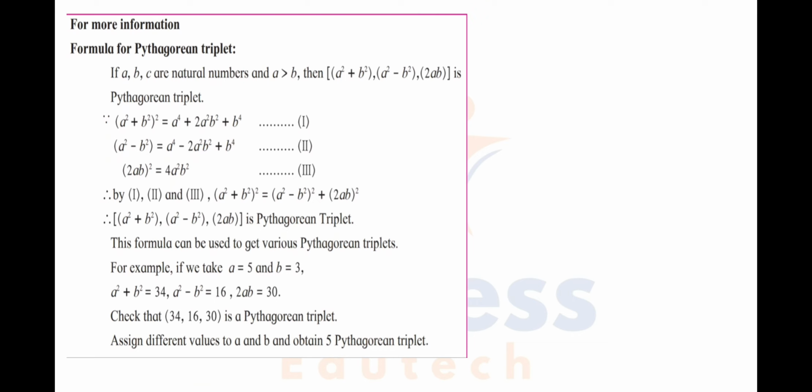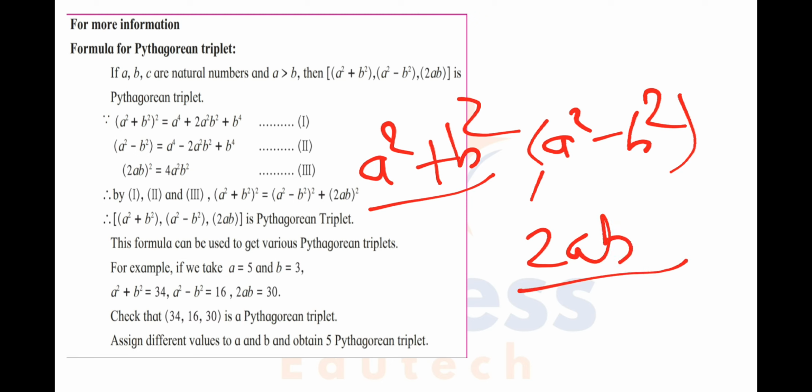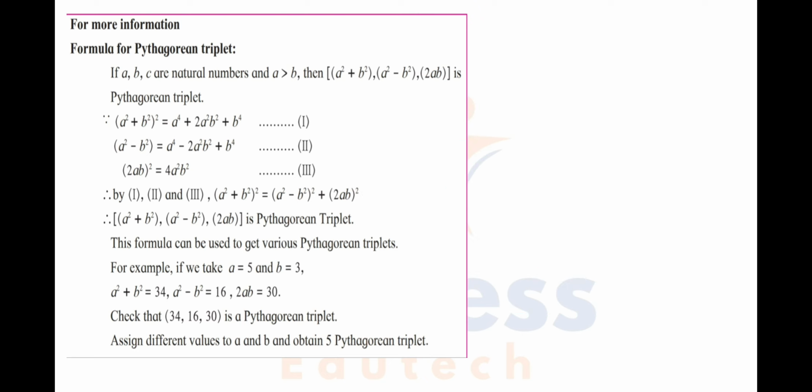If I take any numbers A and B, where A is greater than B, then my numbers are: the first number is A square plus B square, the second number is A square minus B square, and the third number is twice AB. These numbers form a Pythagorean triplet. So take A equal to 2, B equal to 1.